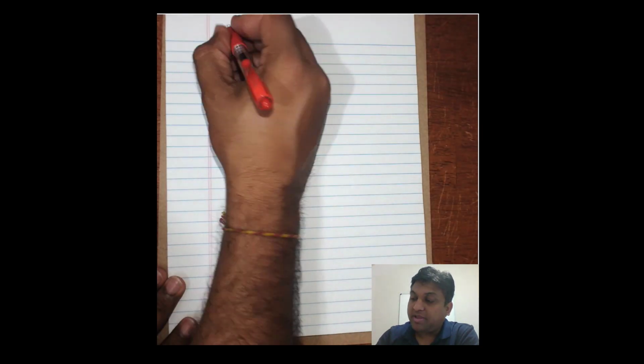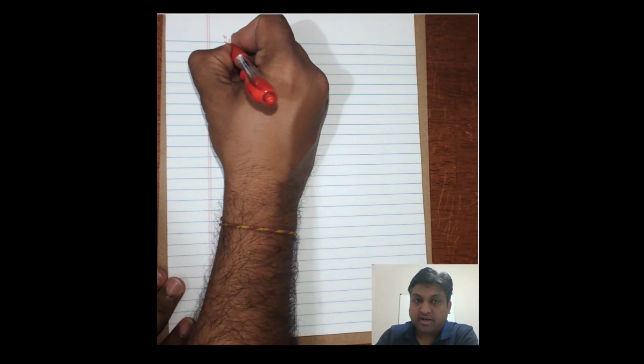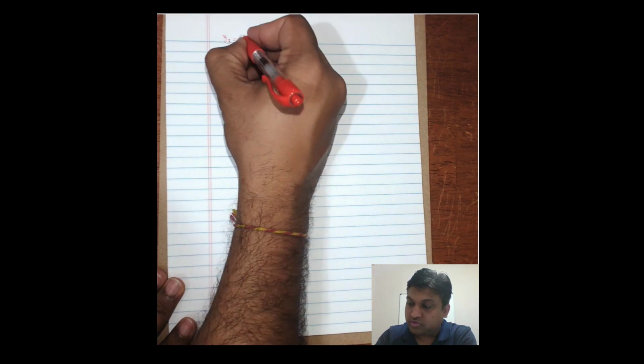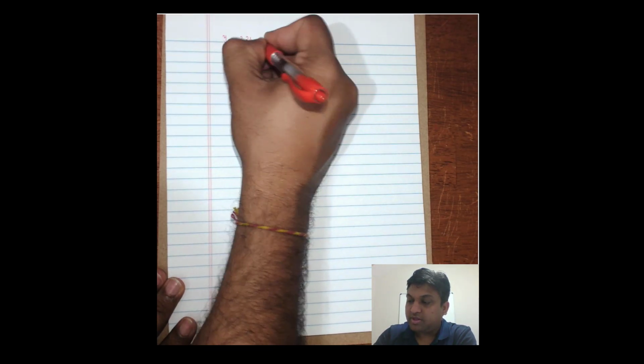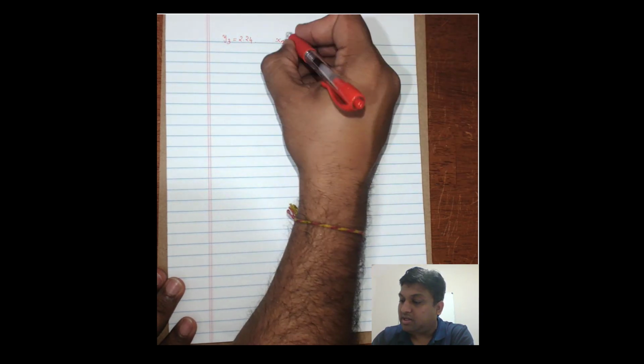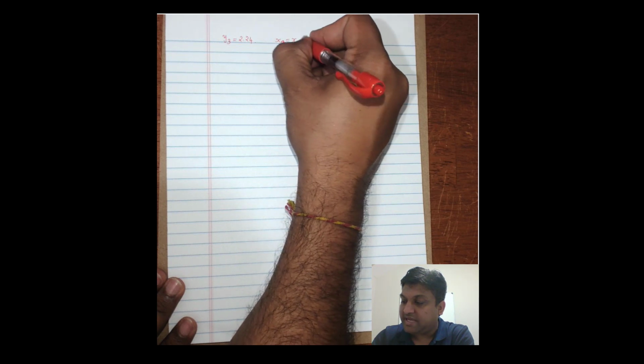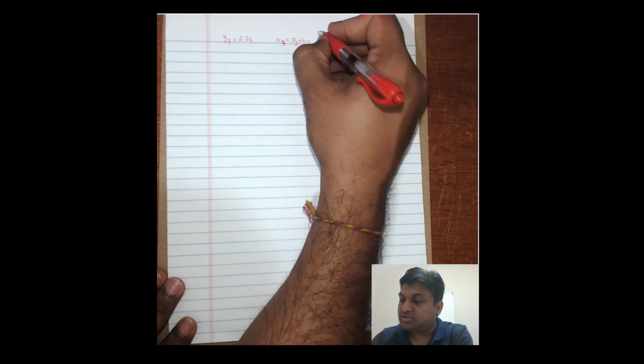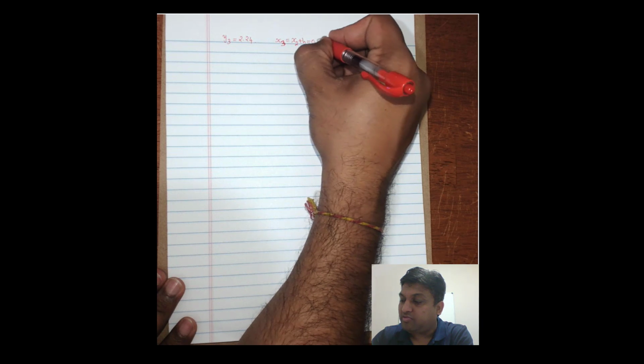Okay, so let me copy this data. y3, the third solution, was 2.24. I need x3 as well. x3 will be x2 plus h. What is x2? It is 0.4.